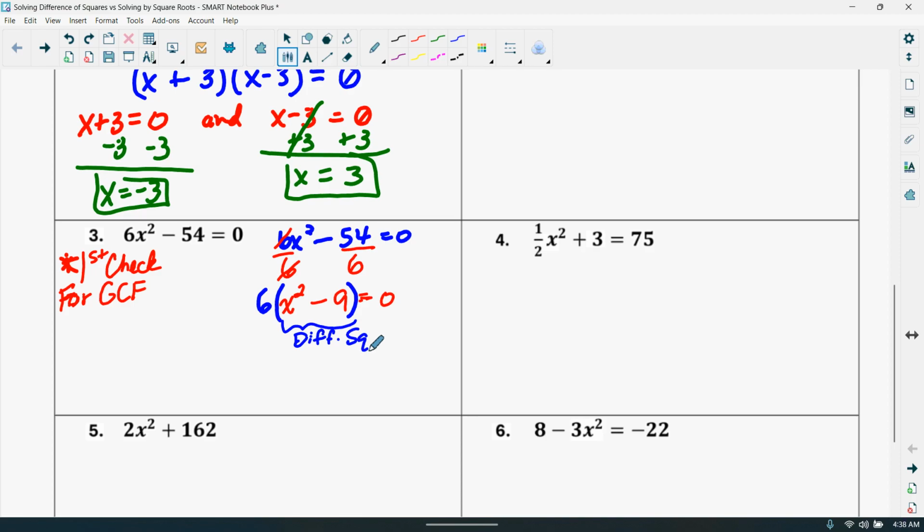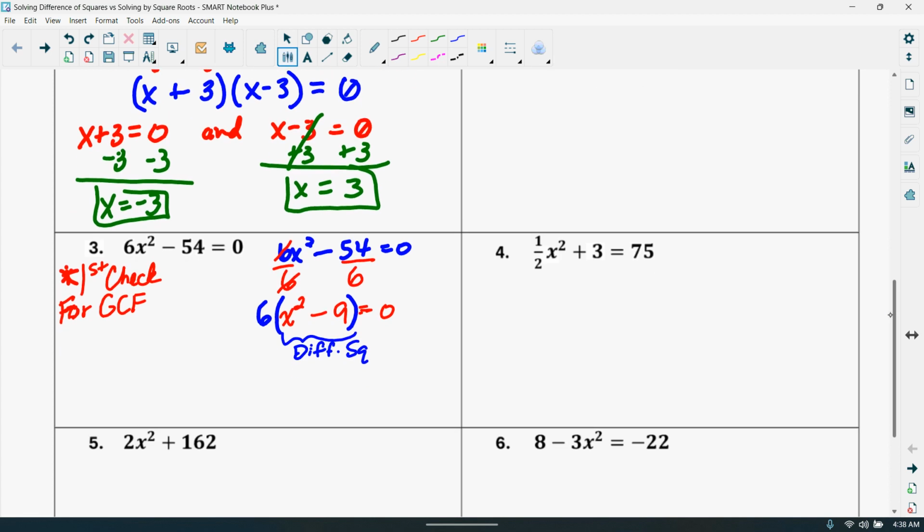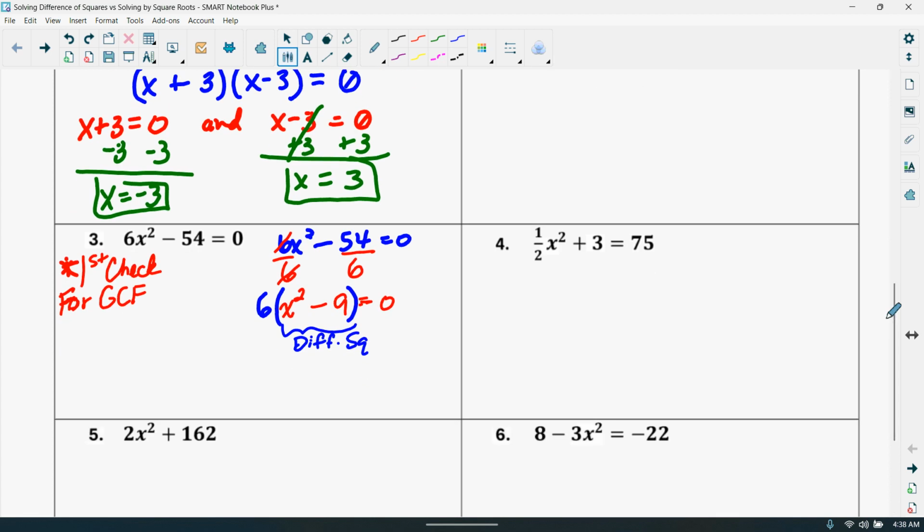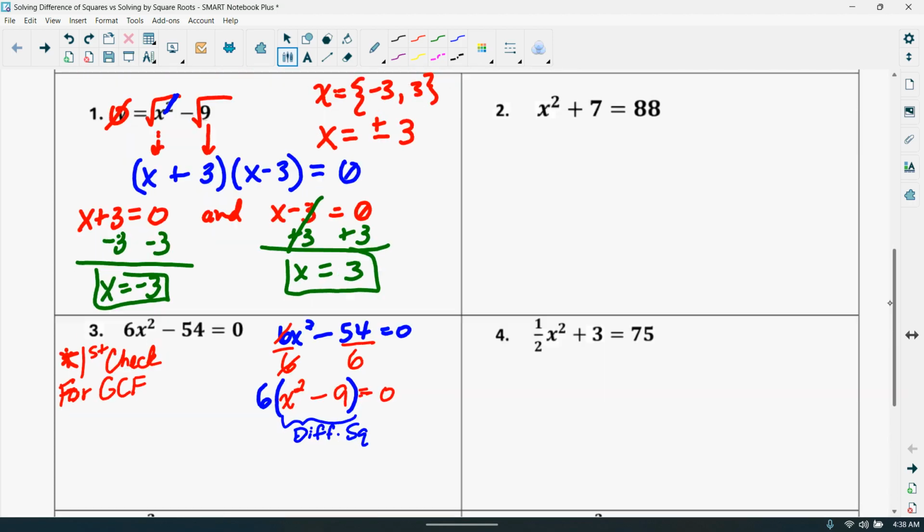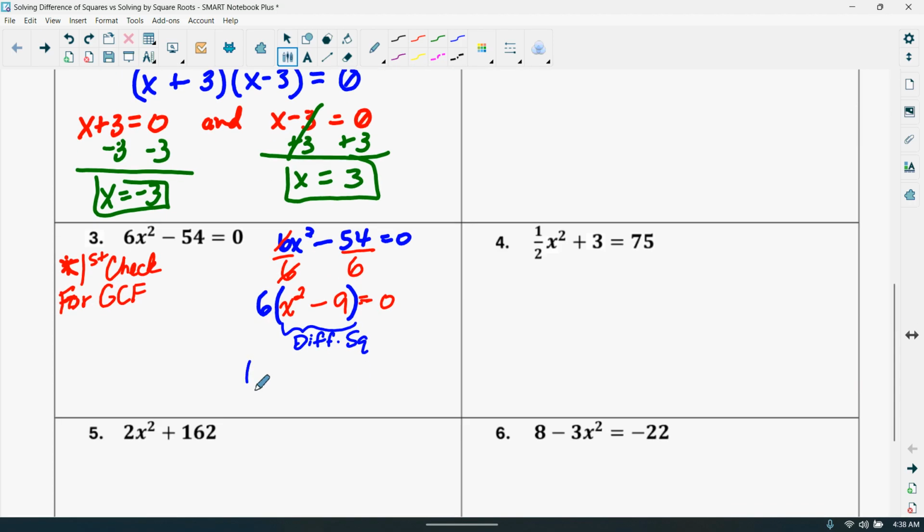So that means I just did that problem above, the x squared minus 9. I'm now just going to rewrite it in the difference of squares form, with the two factors. So this would be 6, then parentheses x plus 3, and the next parentheses x minus 3. And this is going to equal 0.